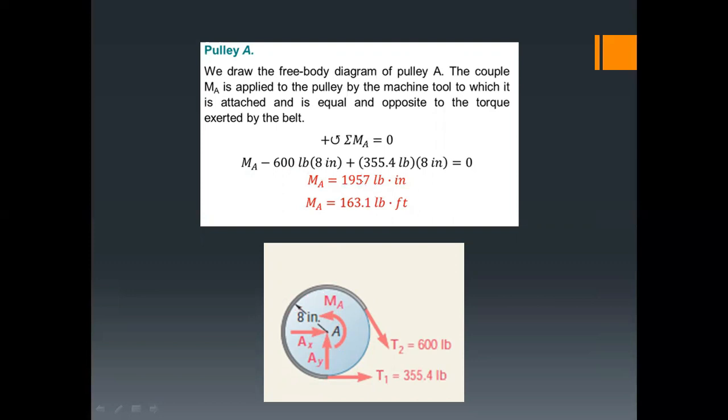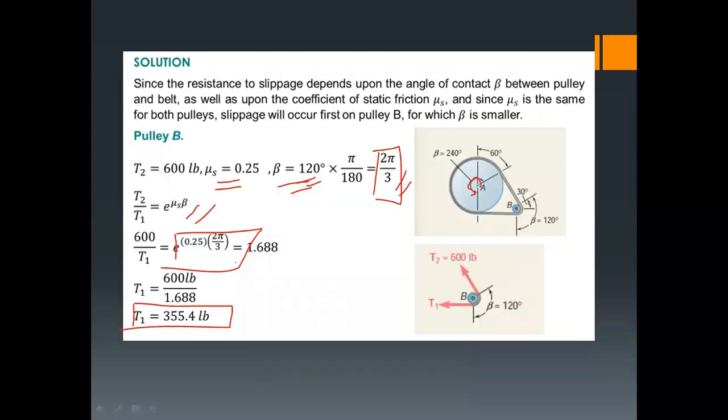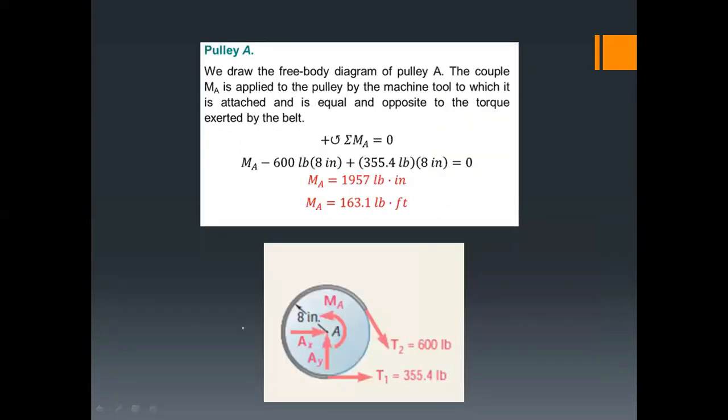So, 600 pounds times 8 inch and then 355.4 na nakuha natin kanina dun sa tension 1 natin, since given naman tayo ng tension 2. So, sa MA, from our moment at A, we'll get this 1,957 pound inch or 163.1 pound foot.